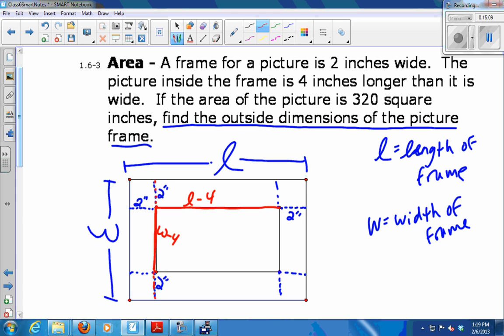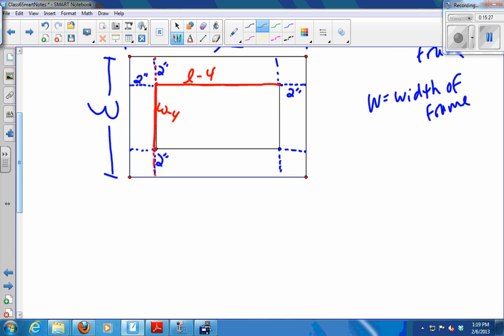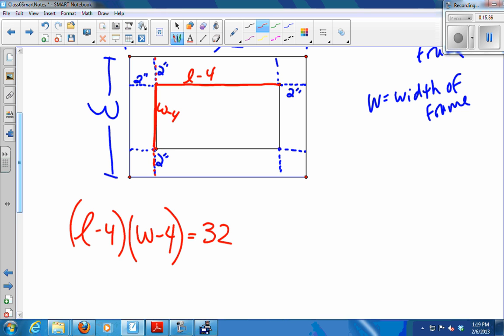So now what do I know about the area of the picture itself? And how do you calculate area? Length times width. And the length and width of my picture are L minus 4 and W minus 4. So I have L minus 4 times W minus 4 equals 320.